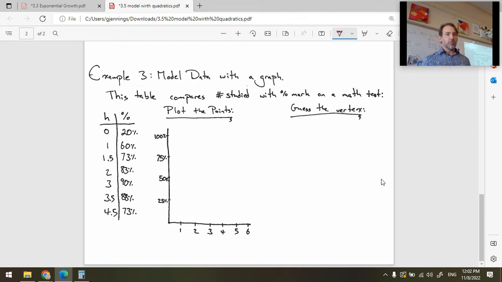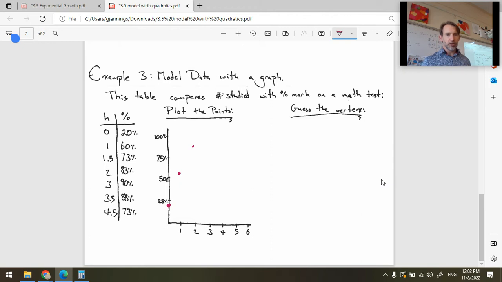To do these types of problems, go ahead and throw your points onto the graph. So 0, 20%. That's I study 0 hours and I get 20% on the test. That's about there. 1, 60%. Oh, that's not bad. If I study even just for an hour, I'll do pretty well. That's up there. 2, 83%. A little bit more studying paid off. We get about up there. 3 hours, 90%.